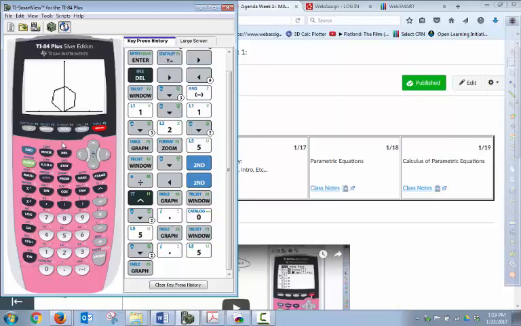Somebody mentioned a clover, a leaf, flower thing. So let's actually figure out how this is going to look. I'm going to go back to the y equals.